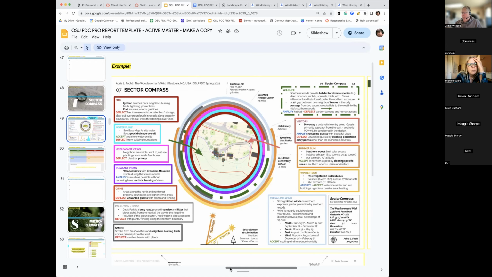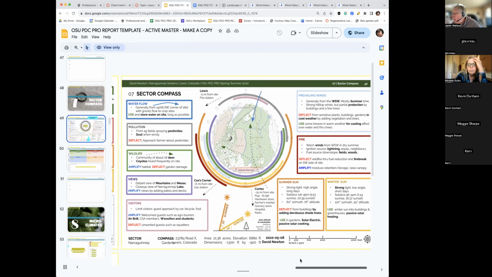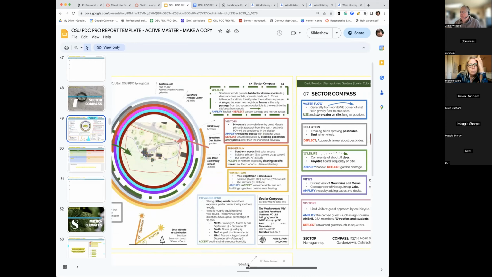You may find that that's quite different. This looks like it's more of an acreage, and there's certainly a fire sector there. So yeah, that's one thing.